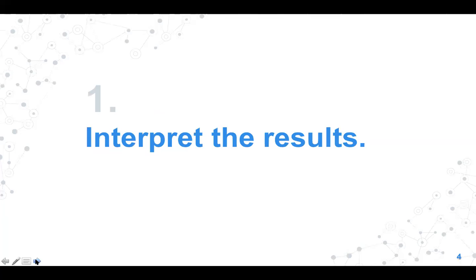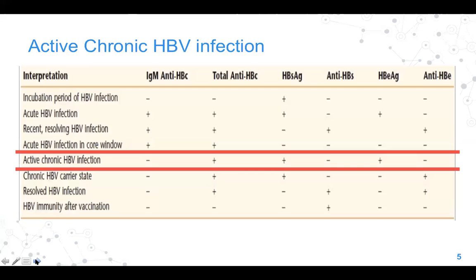So to interpret the results, the patient has an active chronic HBV infection because HBsAg is positive, total anti-HBc is positive, IgM anti-HBc is negative, and anti-HBs is negative. Next slide, please.